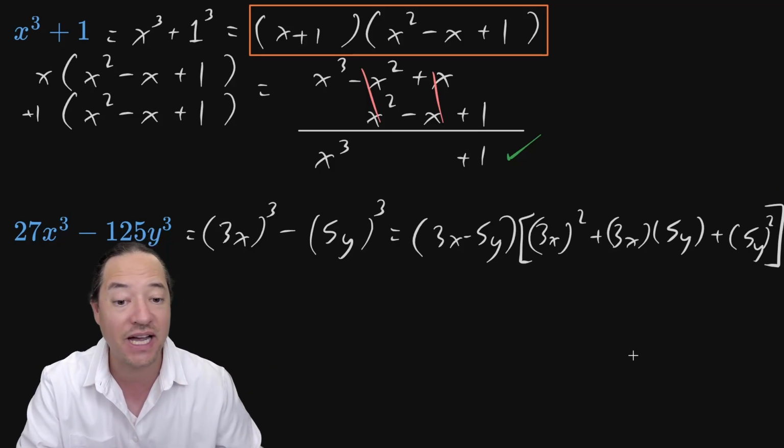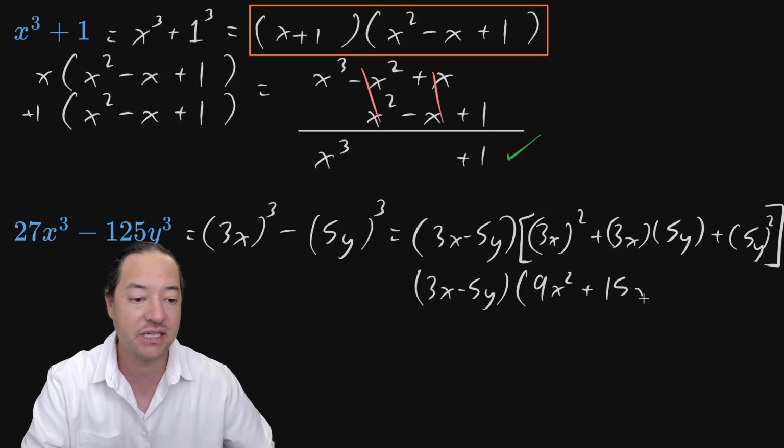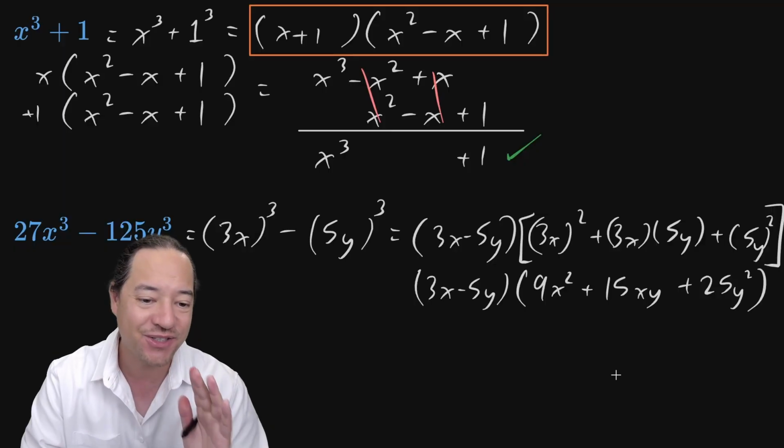So let me simplify that. Okay, this becomes a 3x minus 5y multiplied by, this becomes a 9x squared plus a 15xy plus a 25y squared. Okay, so this is what I expect to get for my factored form.